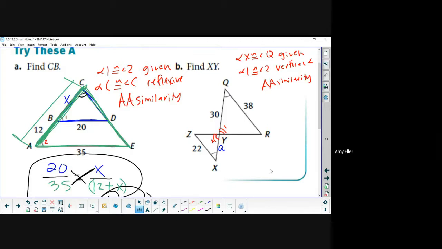Hopefully you already have this. One angle was given to you. Angle X, marked the same as Q. You should notice vertical angles. Those are always congruent. I call them angles 1 and 2. These triangles are definitely similar by AA.